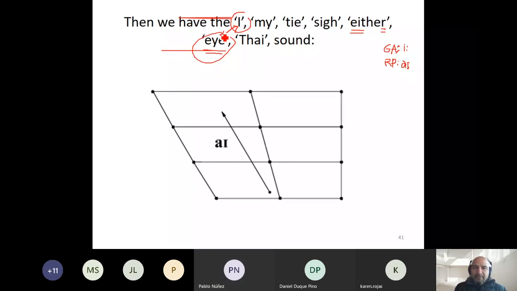For the production of ai, you start very low, and then you glide towards the next sound, i. So when you're saying ai, you should feel your tongue moving from a lower position to a higher position in your mouth. If you do the exercise, your tongue should be moving upwards towards the roof of the mouth.